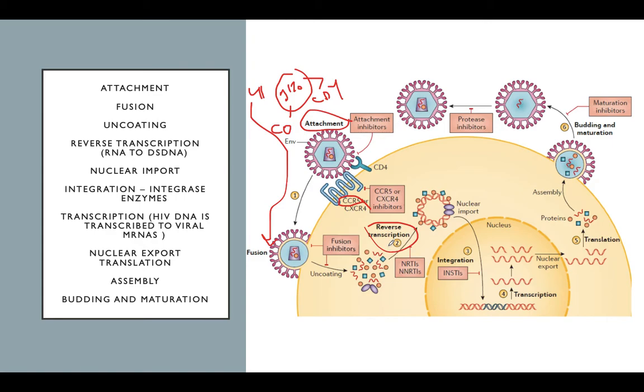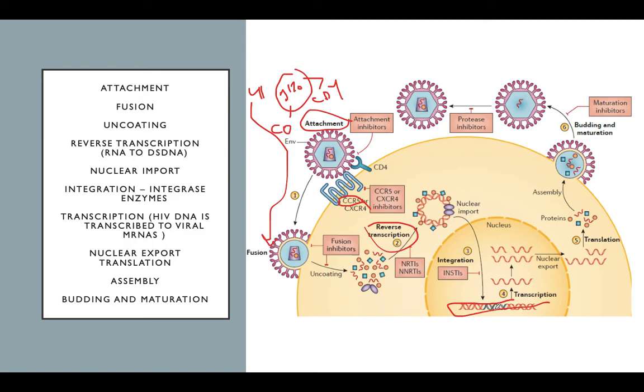So that's why it's called a retrovirus. Then there's nuclear import, so that it will integrate into the nucleus, as you can see here. Once this integration happens, this is the double-stranded DNA of the virus.